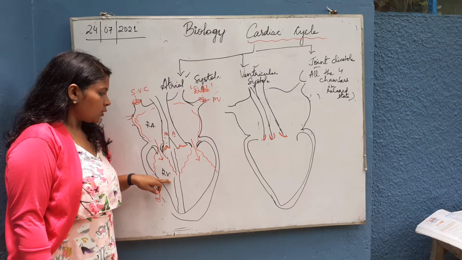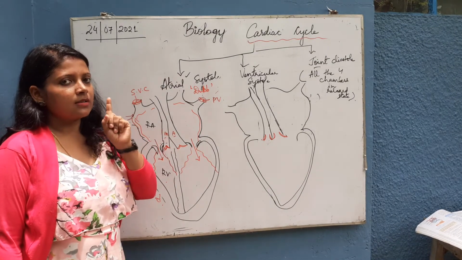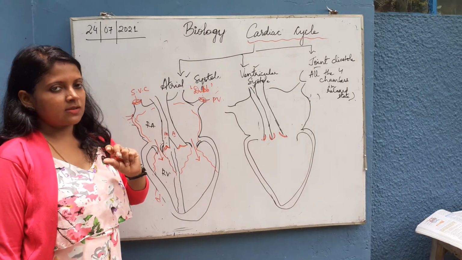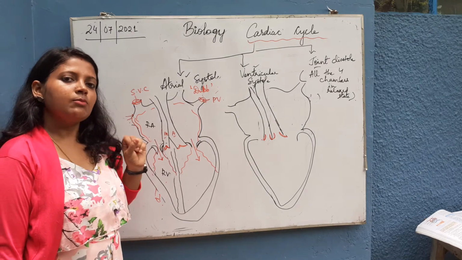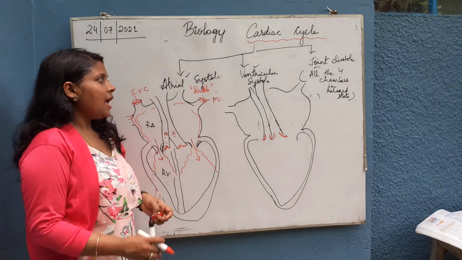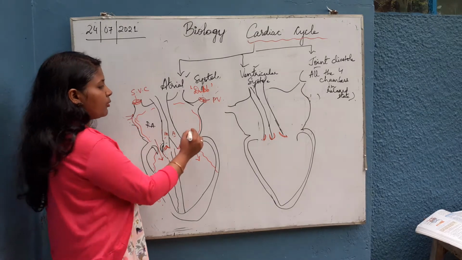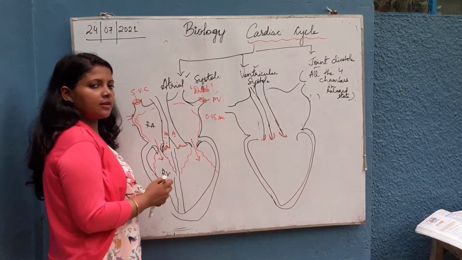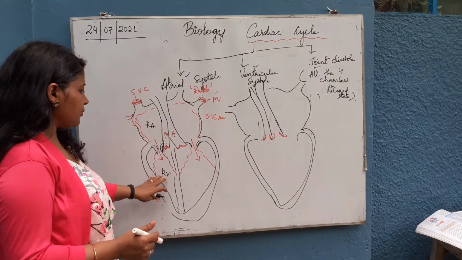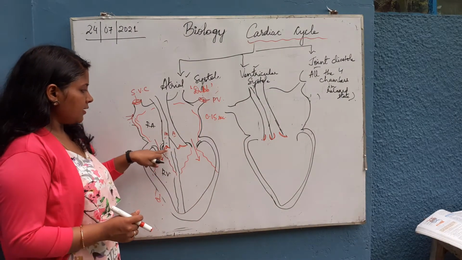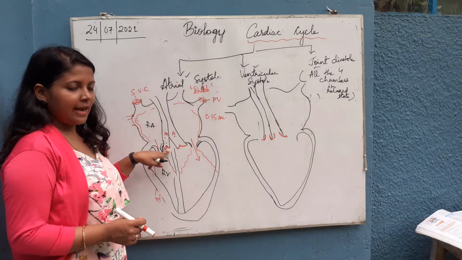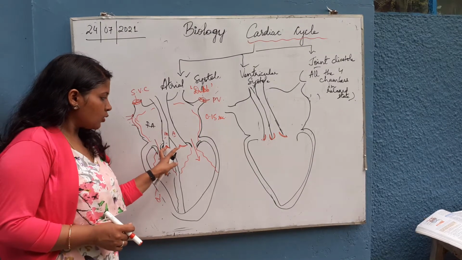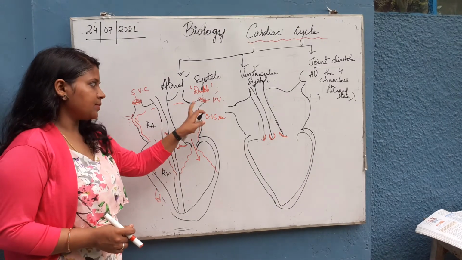It takes around 0.15 second for the blood to flow up to the ventricles, until the closing of the pulmonary and aortic valves. When this closes at the time of atrial systole, the dub sound is produced.